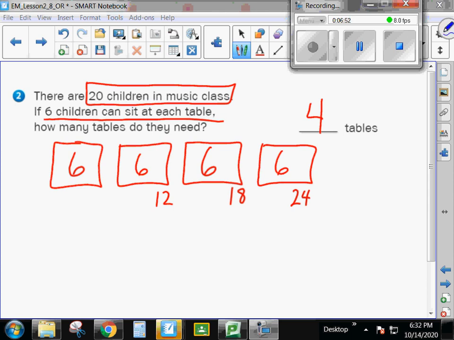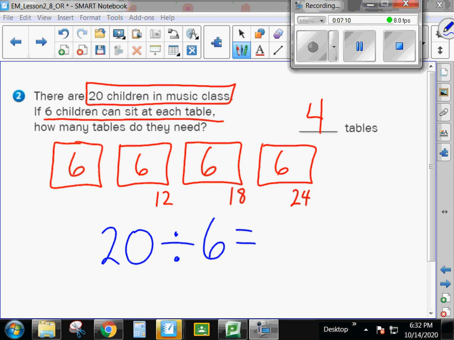All right, so your number model, you've got 20 kids. When you divide those 20 kids up into groups of 6, how many groups of 6 did it take?